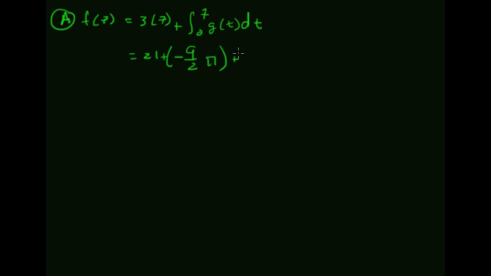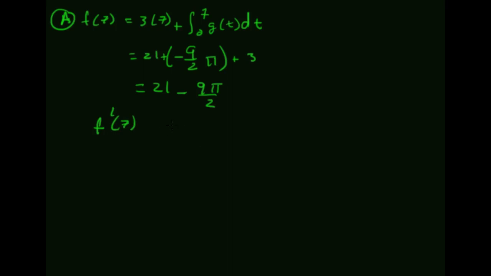The last part here is a little rectangle with a width of 1 and a height of 3. So this works out to be 21 minus 9 pi over 2. It also asks for f prime of 7.